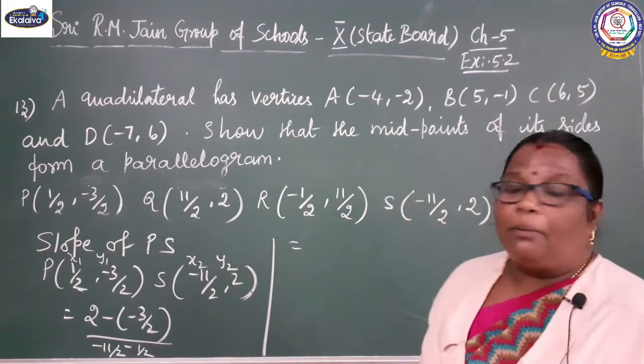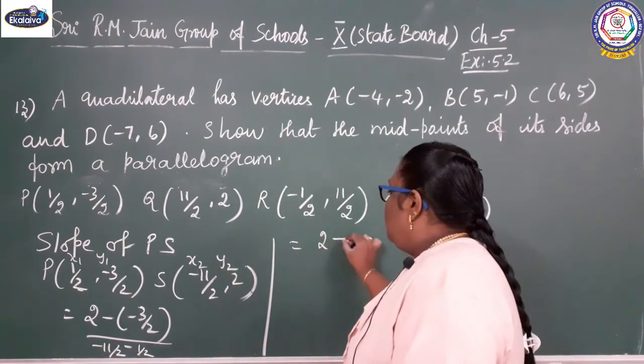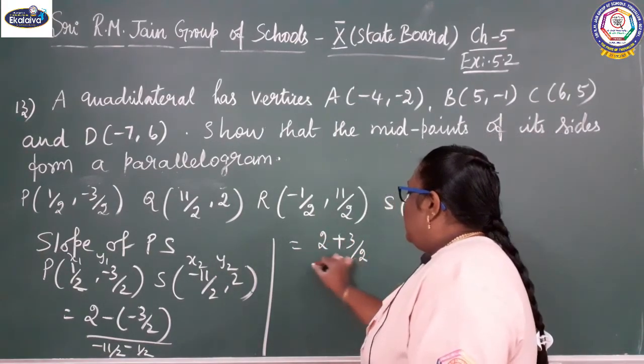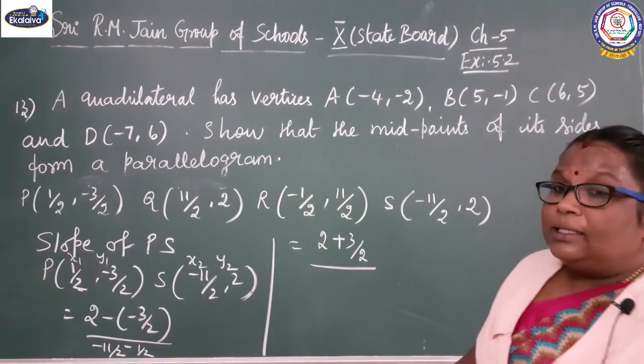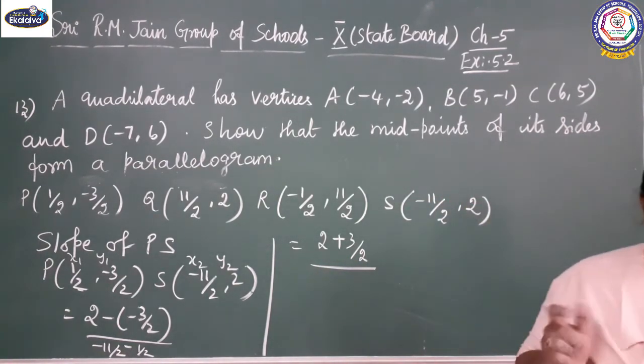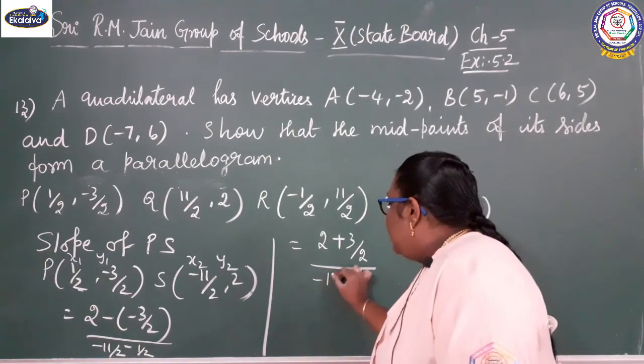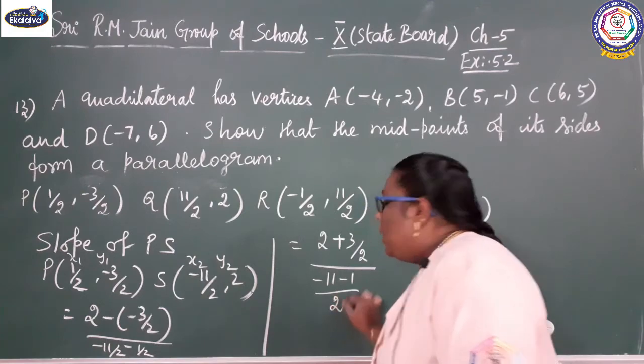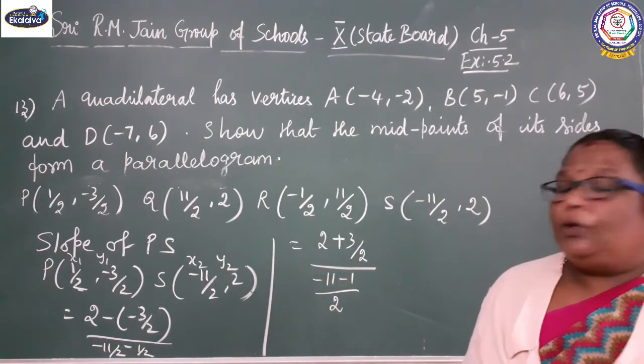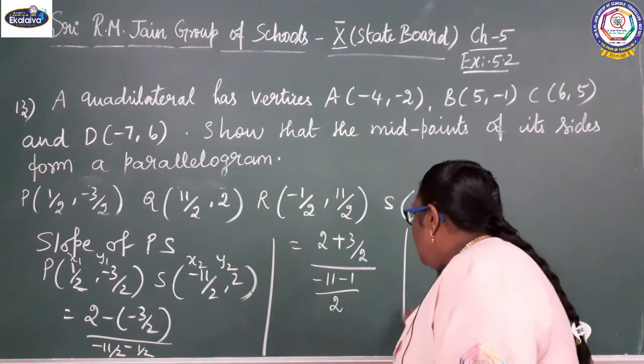So it gives 2, minus into minus becomes plus. So 2 plus 3 by 2 by minus, see, denominator is same, 2 as the common denominator. So minus 11 minus 1 by 2. You can take the LCM as 2.